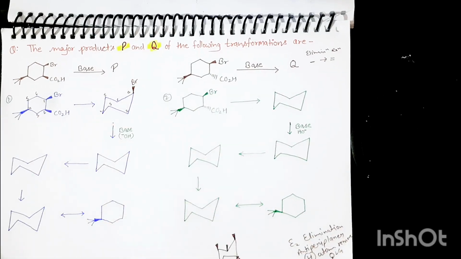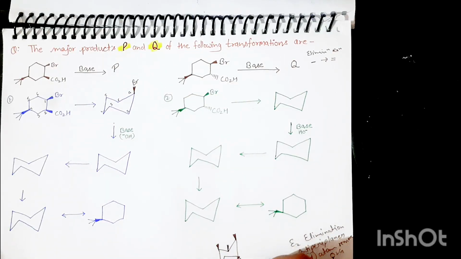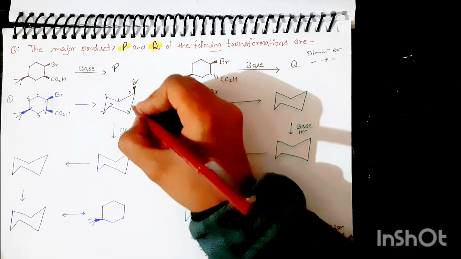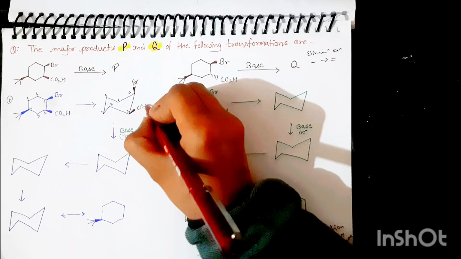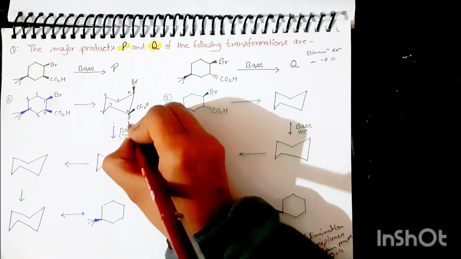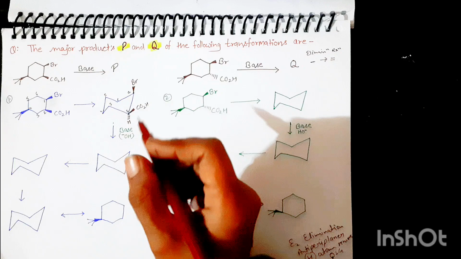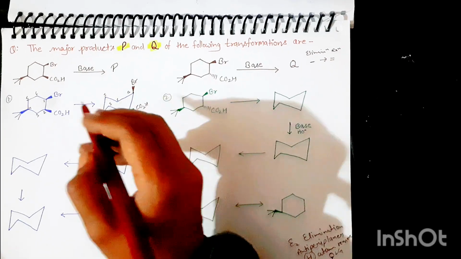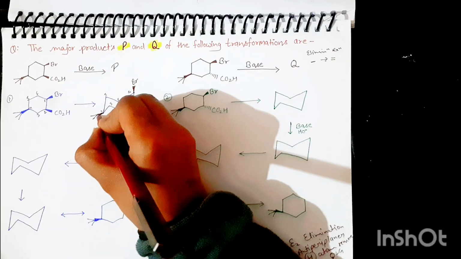On C2 carbon they give carboxylic acid on a wedge position, so at the equatorial position wedge. So here we draw the wedge position on the C2 carbon, and at the axial position we draw one hydrogen atom. On the fourth position they are giving one isopropyl group.